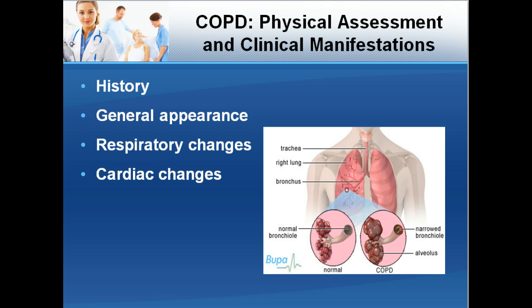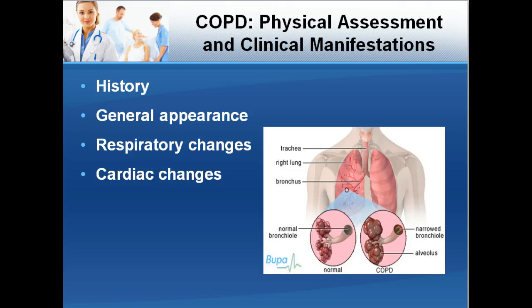Unlike what we talked about earlier with asthma being more prevalent among women, COPD is more often in older men, maybe because of smoking history. So you may want to assess the same things about the breathing.